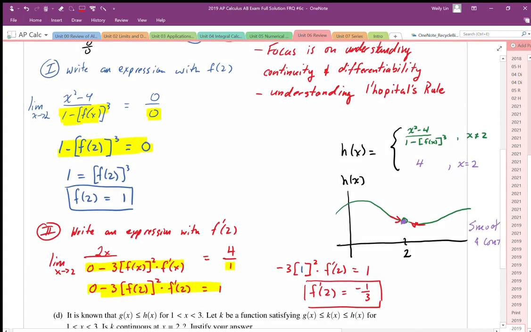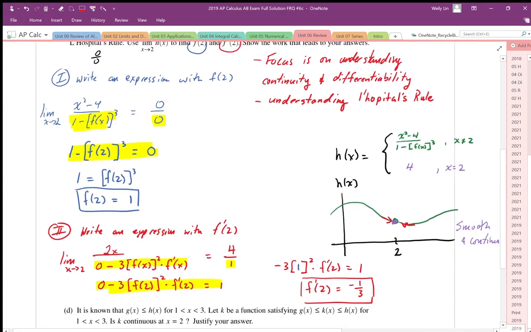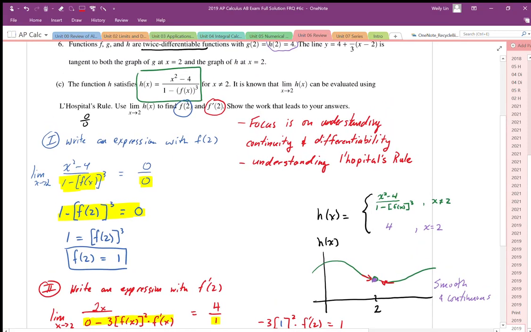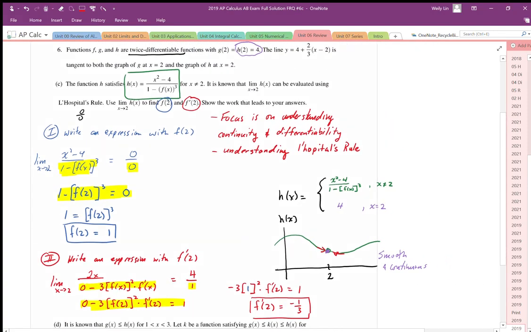So again, it's important to recognize, first of all, that we have to understand this issue of continuity, and be able to understand how these two bits of information fit together. Then I need to understand that I have to come up with an equation with f of 2, which is going to be this equation, and the equality is based on the condition of L'Hopital's rule. I also need to come up with an expression for f prime of 2.